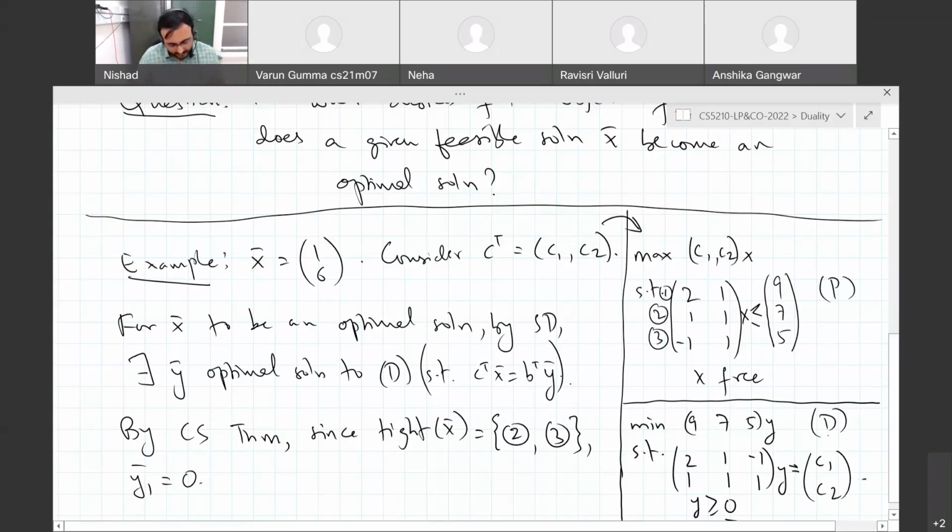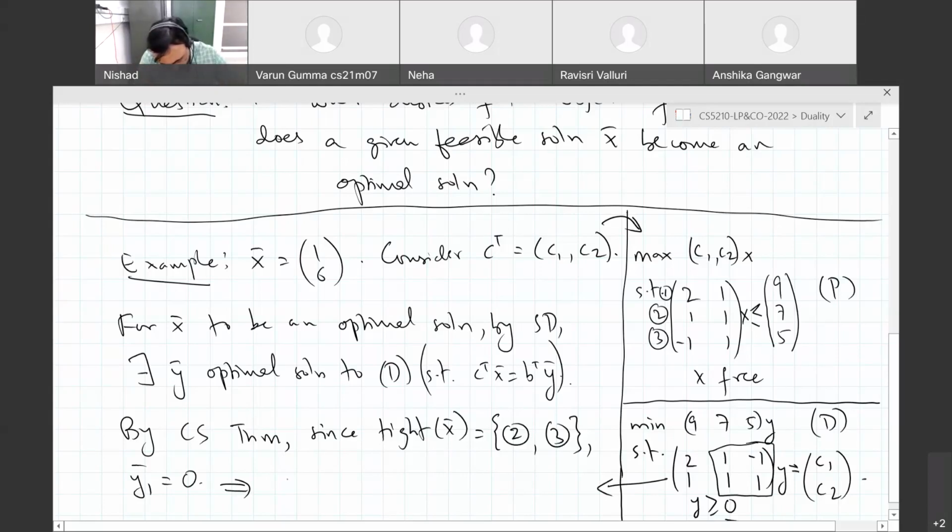So now what does that mean? If y1 bar has to be 0, that means that I have a system of two equations. If you look at the right hand side here, what does y1 bar equal to 0 mean? It means that the first variable is always 0. And so I just need to look at the last two columns here. And y2 bar and y3 bar, when plugged in, should give me C1, C2. Right?